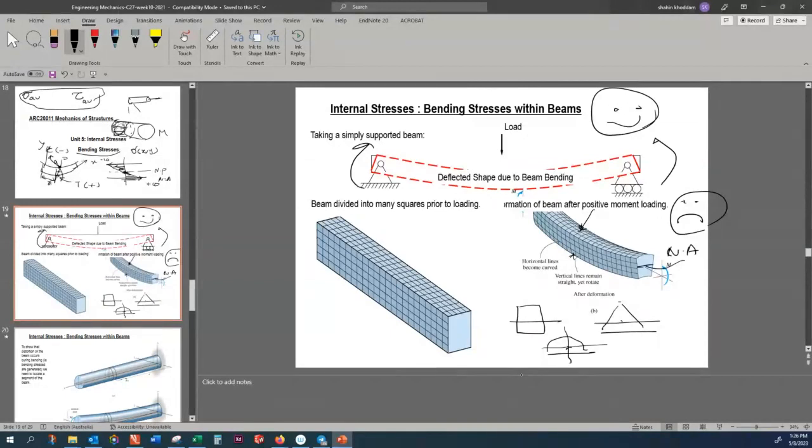Remember that we discussed last week. So whatever the cross section, under positive bending, the fibers at the top are under compression. The fibers at the bottom are under tension, and the fibers located at the neutral plane, the neutral axis, are subjected to zero normal stress.